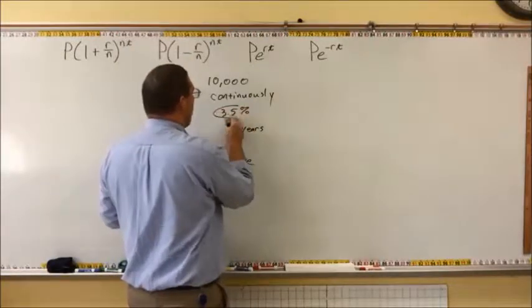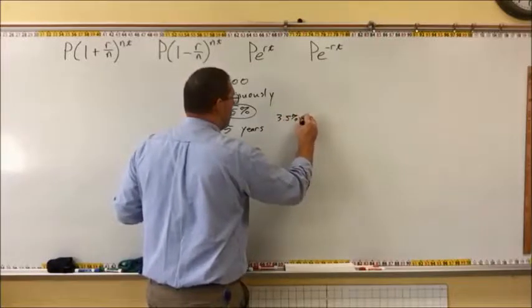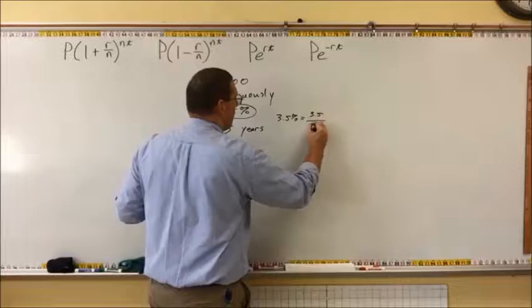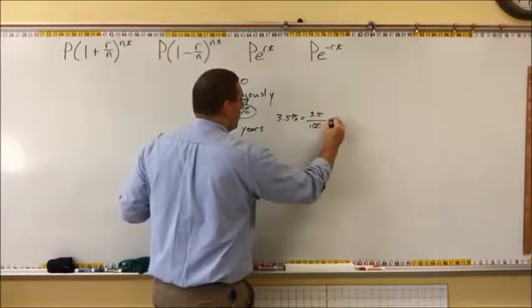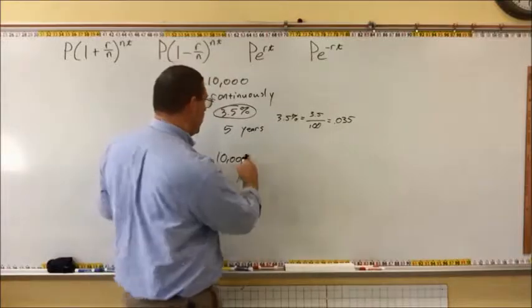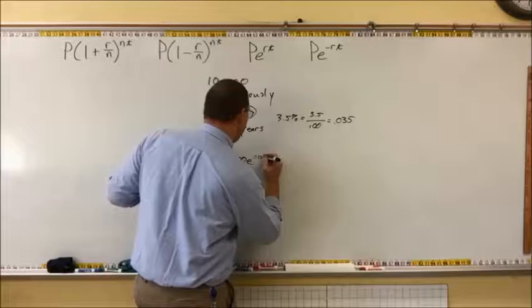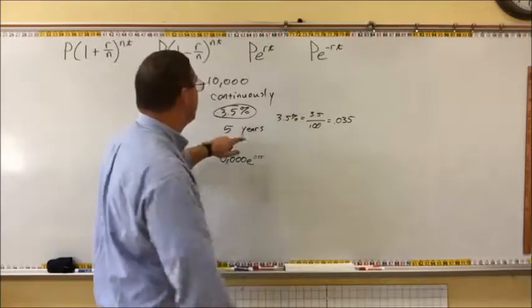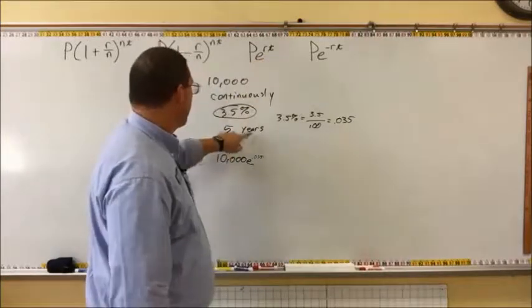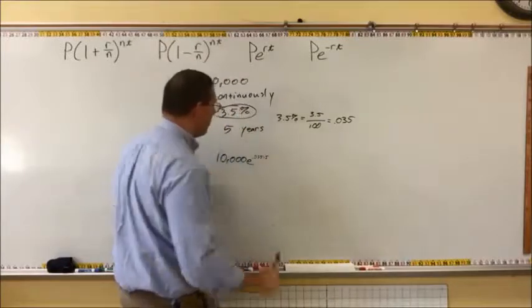R is 3.5%. Well, 3.5%, if we do 3.5 divided by 100, that'll be 0.035. So we're going to put e to the power of 0.035 times t. And t is 5 years. So times 5. Okay?